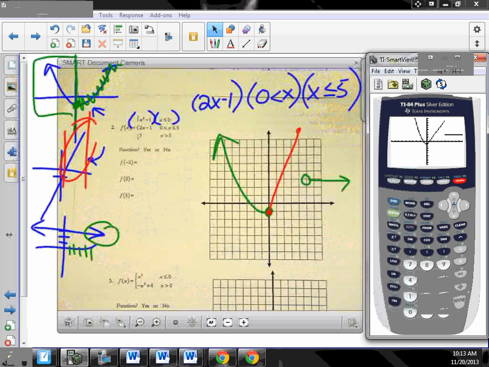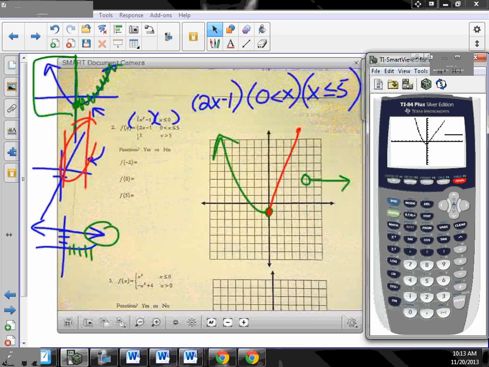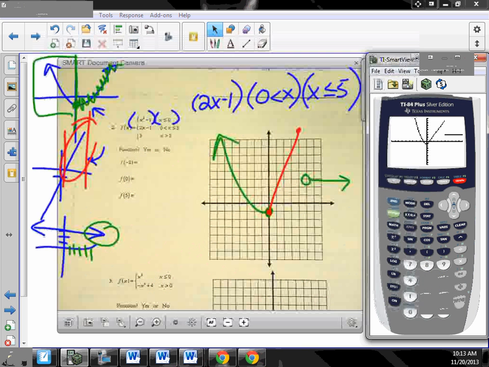Let me see. Okay, so put the rest of them in. Anybody having trouble with that? Second math.